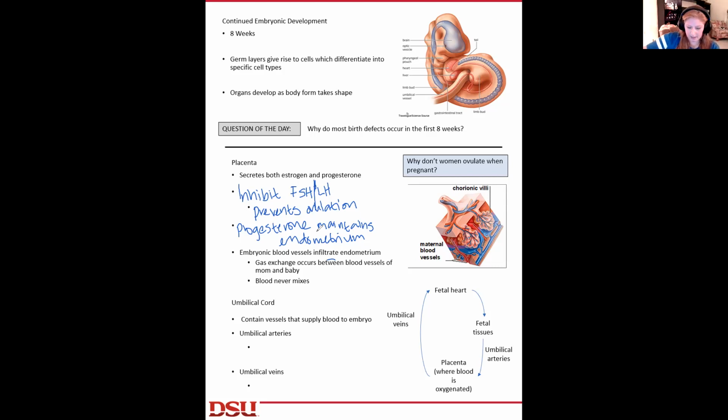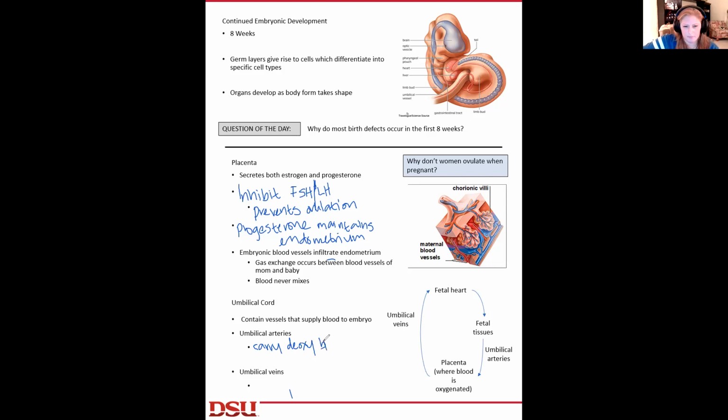Okay, so then we look at the umbilical cord itself. This is where the vessels that supply blood to the embryo are located. They carry deoxygenated blood from the fetus to the placenta, where it can be exchanged. The umbilical arteries, I'm gonna put deoxy so I don't have to write out the whole thing.